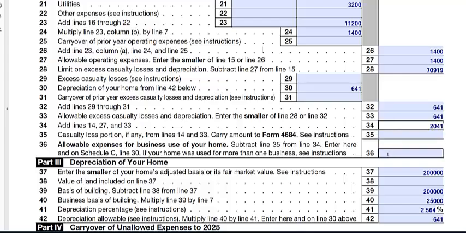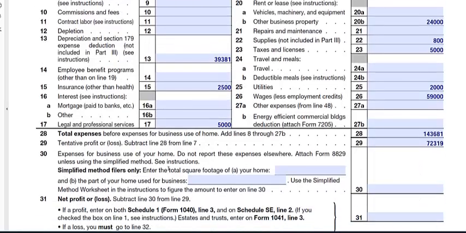There's no casualty loss, so the total allowable expenses that will go on the Schedule C is the $2,041. So the expenses for the business use of the home will be $2,041.